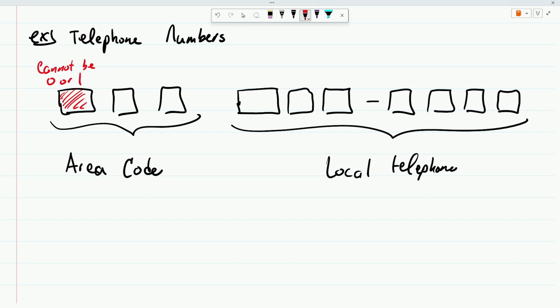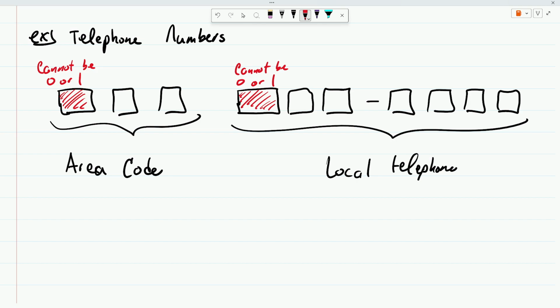You'll never ever see an area code where the first number is 0 or 1. Also, with a local telephone number, this number cannot be 0 or 1 also. So right there are the restrictions.